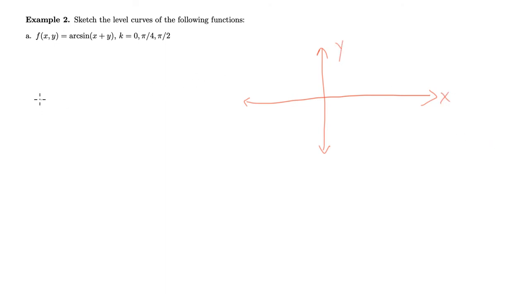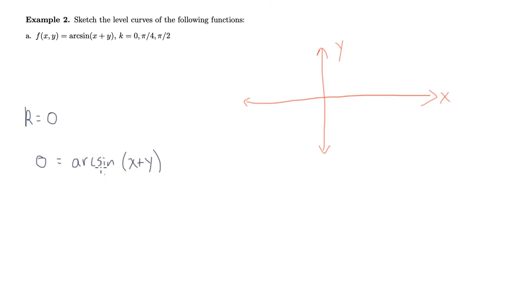If we set k to be 0, what we want to do is set this function equal to 0. So we have 0 is equal to arc sine of x plus y. And now I just want the collection of points x and y for which this equation is true, and that's going to give me a curve in the plane, and that's going to be the level curve for k equals 0 for this function.